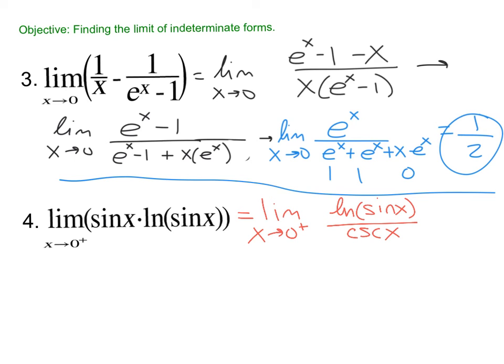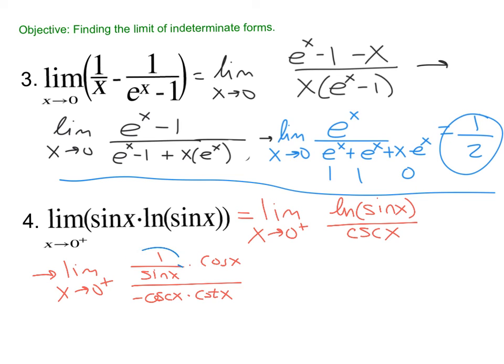So now I have that infinity over infinity. So now I know that I can use L'Hopital's rule. So we have the limit as x approaches 0 from the right. ln of sine is 1 over sine times cosine. All over derivative of cosecant is negative cosecant x cotan x. All right, so now I'm pretty sure I can simplify because this is cosecant, right?